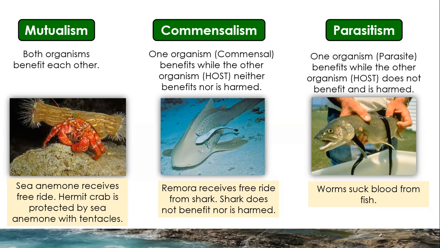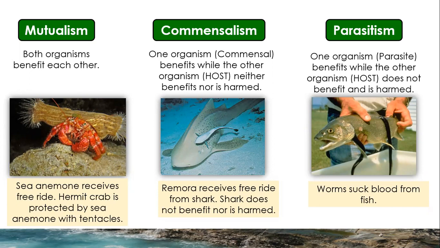The organism that benefits is called the commensal, and the other organism, which is not harmed and does not benefit, is called the host. For example, the remora receives a free ride from the shark. The remora benefits, while the shark does not benefit nor is harmed.